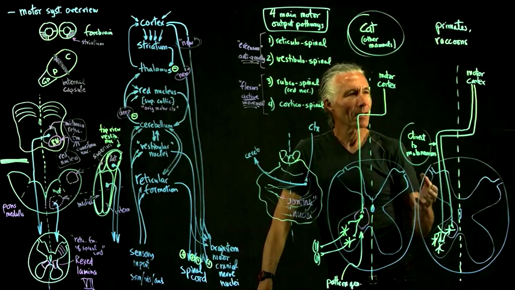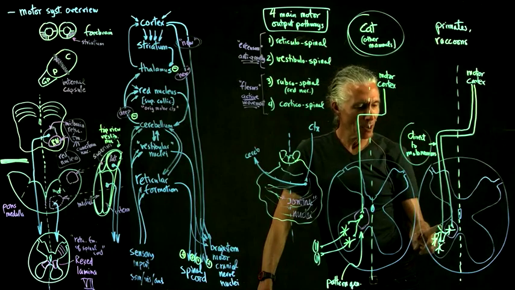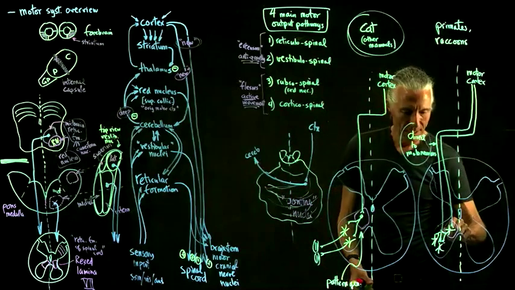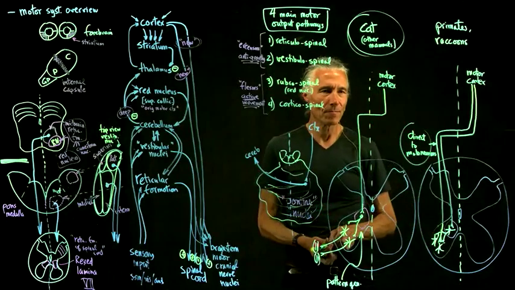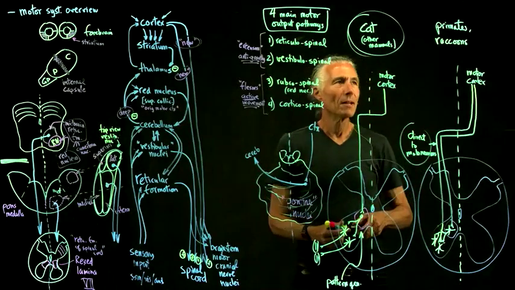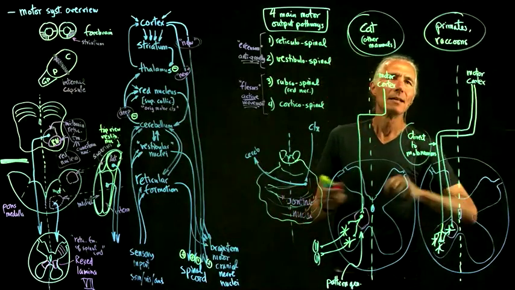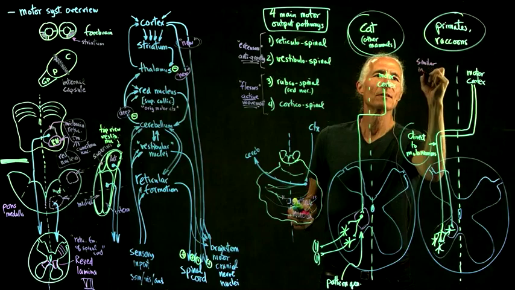But what happened in primates and raccoons is they said we're going to lower ourselves even lower to controlling individual muscles, so that we can actually have control of individual fingers, like in a raccoon or in a primate. And we'll see something similar in songbirds.